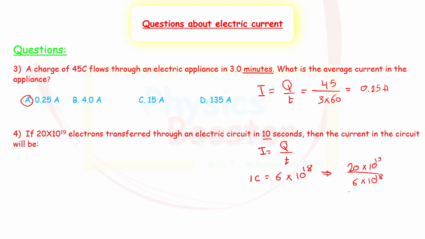We lose the 18 with the 19. We will have here 10 to the power 1, which is 10. So it's 200 divided by 6.